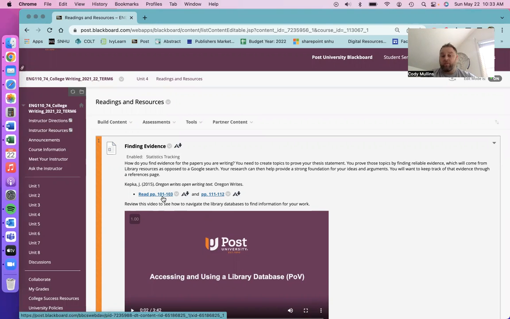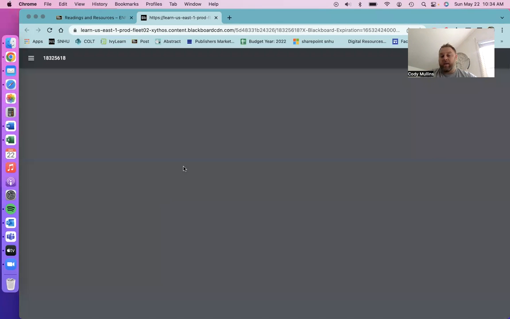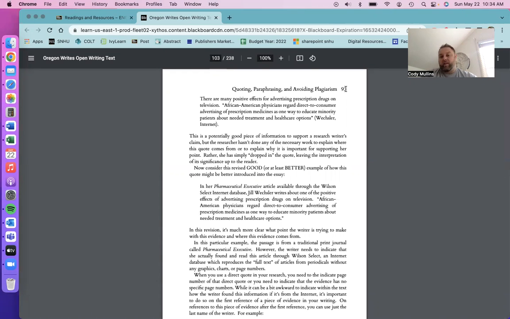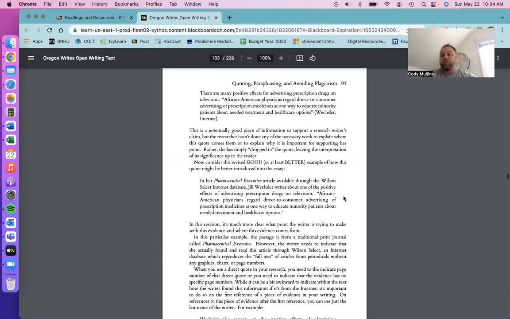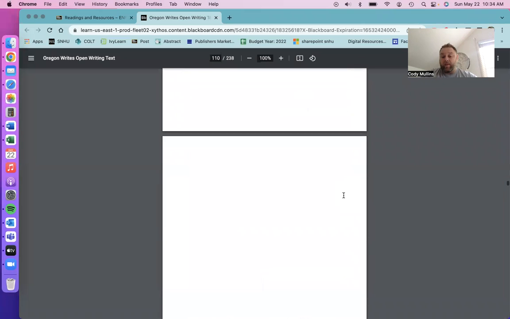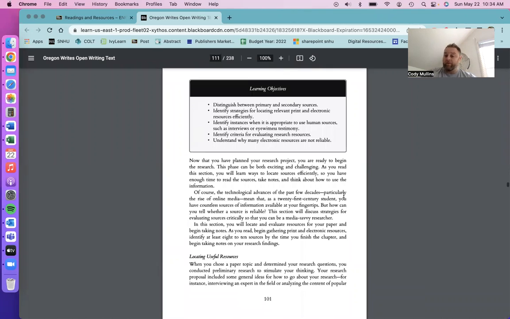When it says pages 101 and 103, it doesn't mean pages 103 up here. If we put 103, see, it only lists it to page 93. So you have to scroll down to page 101 to do the reading. And that begins over here on strategies for gathering reliable information.